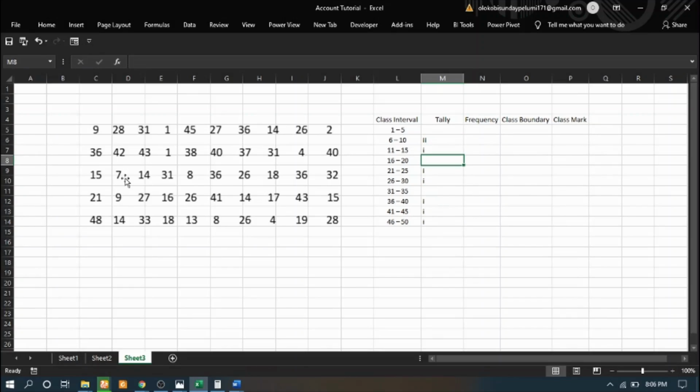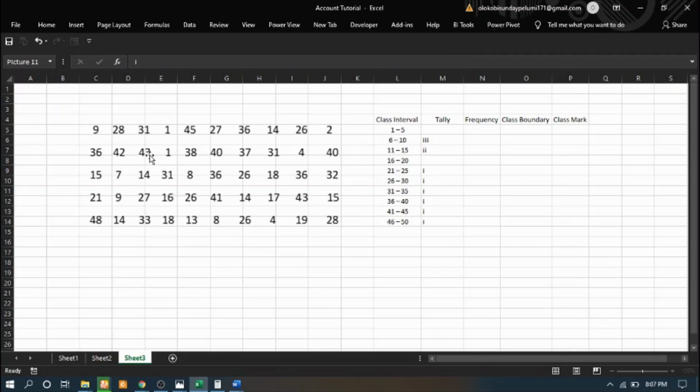So we have 9, which is under this class here, the same class. So that makes 3. Then 14 is under this class here, so that makes 2. We have 31 here. 31 falls in this class.